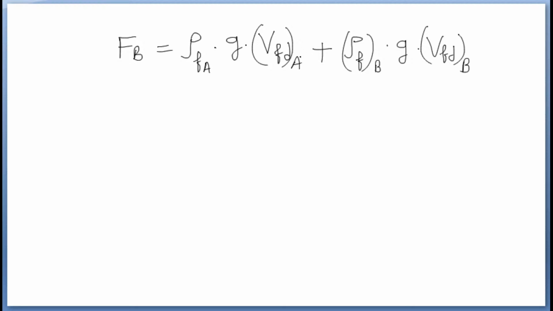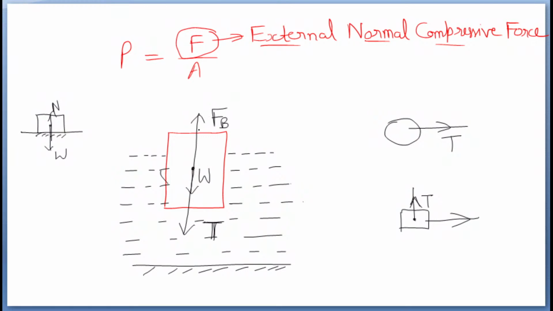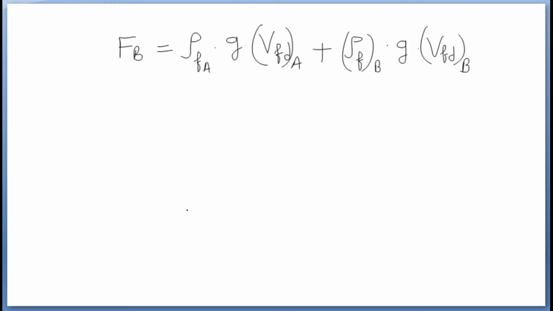No problem in this. So this is my buoyancy force, and if you take care of this part, then you will get the equation. What is the equation? Here buoyancy force is in the upward direction, W is in the downward direction, tension is also in the downward direction. Okay, so I am writing the equation. Please concentrate.